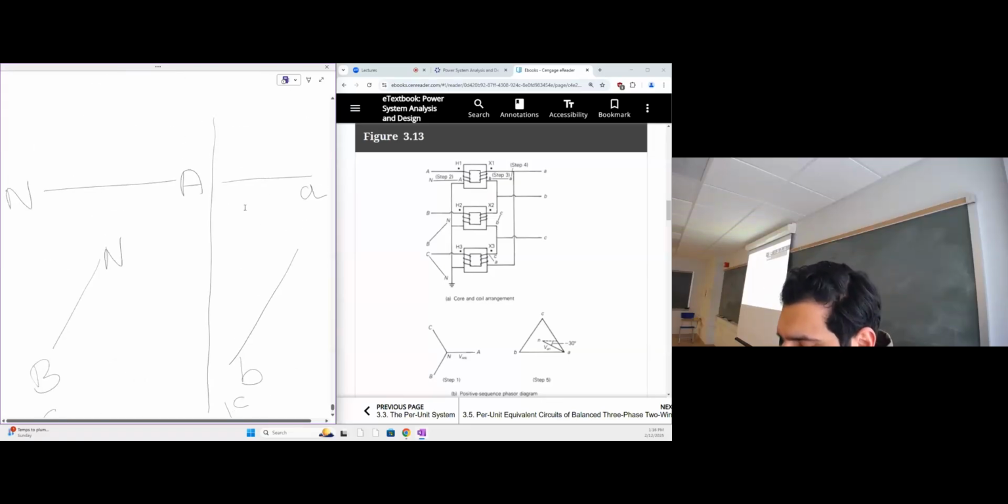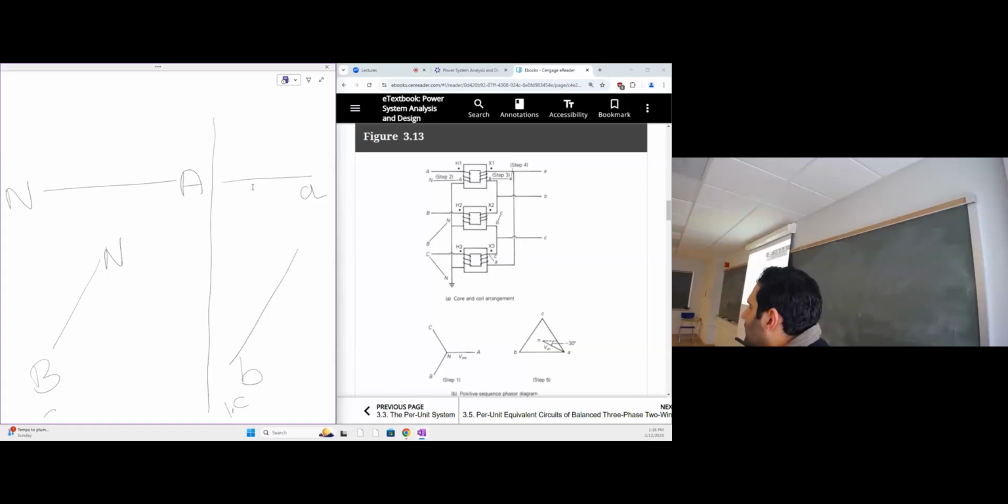So, how would I determine what's on the other side? It's either B or C. So, how should I know on this one? I need someone to help me now. So, what should be the connection here?